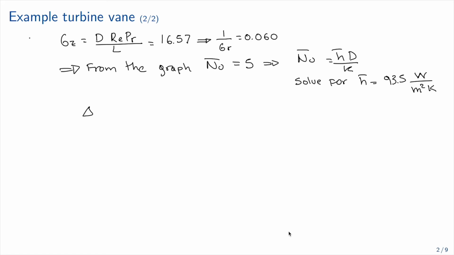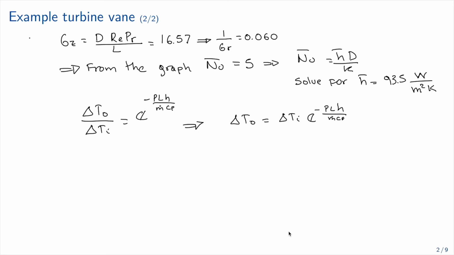With that value for h, we can compute the temperature at the outlet. Remember that the equation is delta T at the outlet divided by delta T at the inlet is equal to e to the minus P L h divided by the mass flow rate and Cp. From this equation, we can solve for delta T at the outlet, which is delta T at the inlet multiplied by e to the minus P L h divided by the mass flow rate Cp.